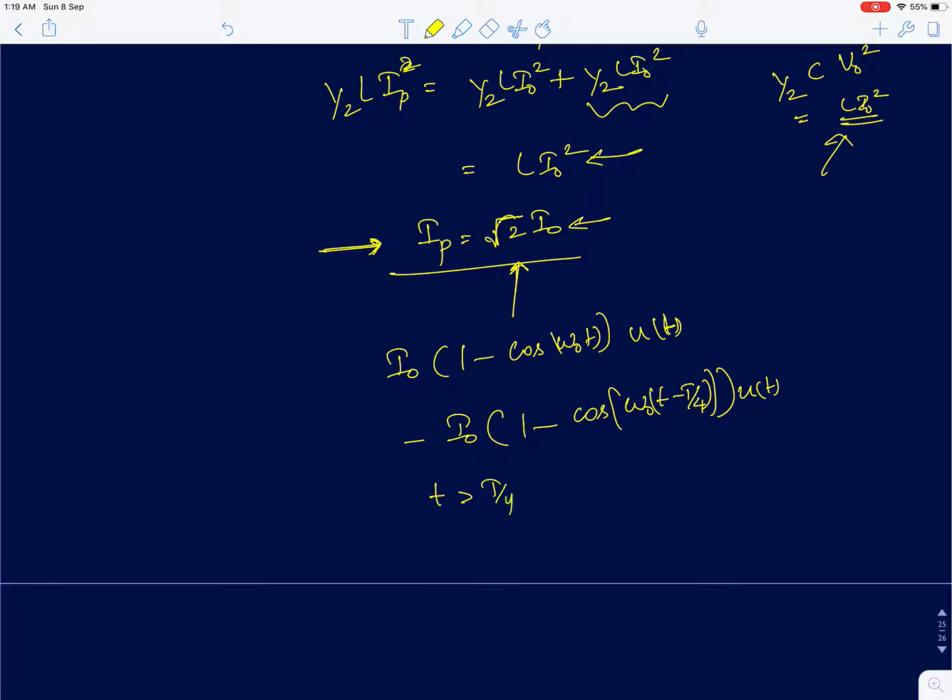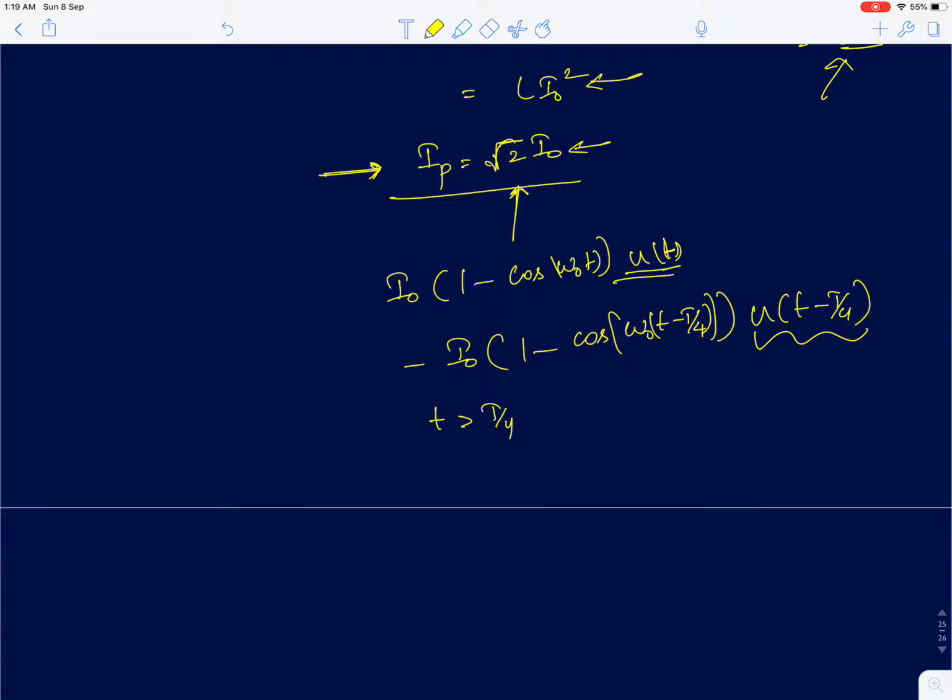Now if I try to draw this for t greater than T by 4, u of t and u of t minus T by 4 are the same. So the first terms, I naught and I naught, will cancel out. You will be left with I naught minus I naught cos omega naught t plus I naught cos of omega naught t minus pi by 2.